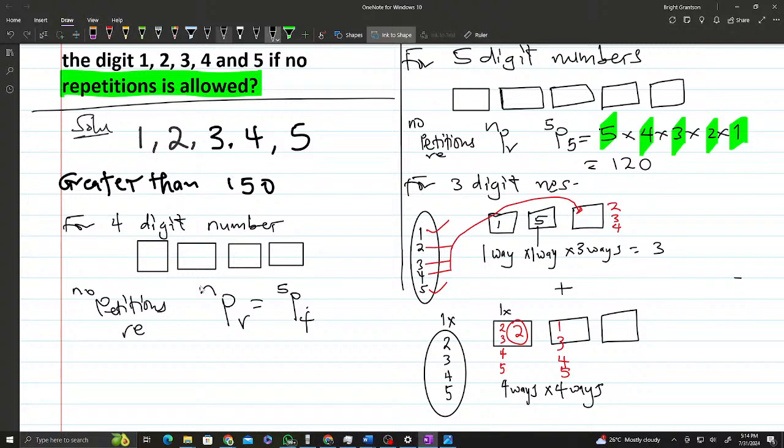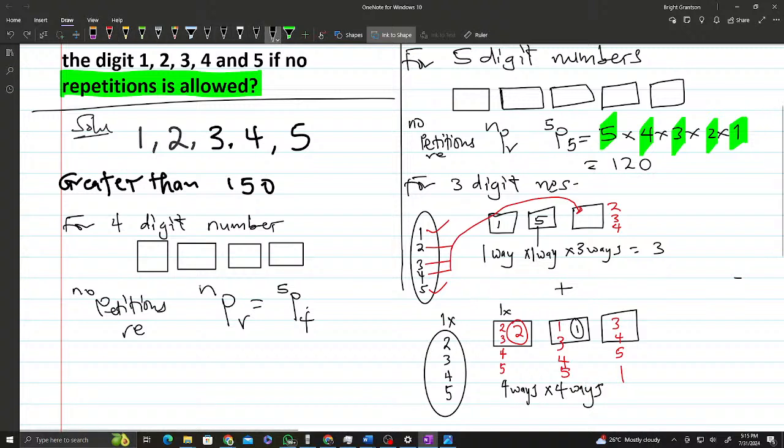Now multiply. So if I register 1 here, for example, then it means how many numbers do I have to fill this place? I can fill this place with how many numbers? 3. So over here, the number of ways I can fill this place is what? 3 ways.